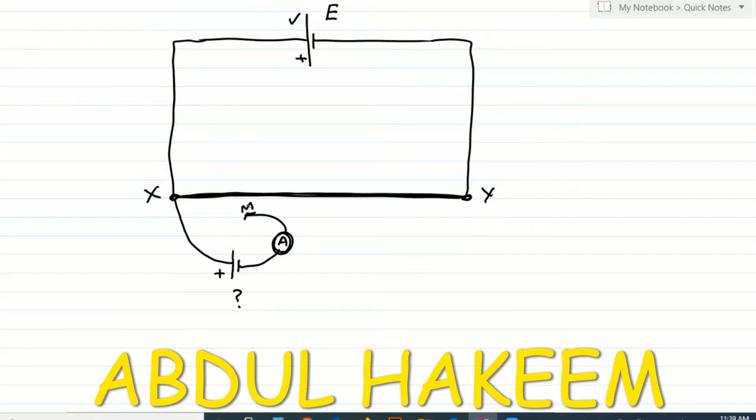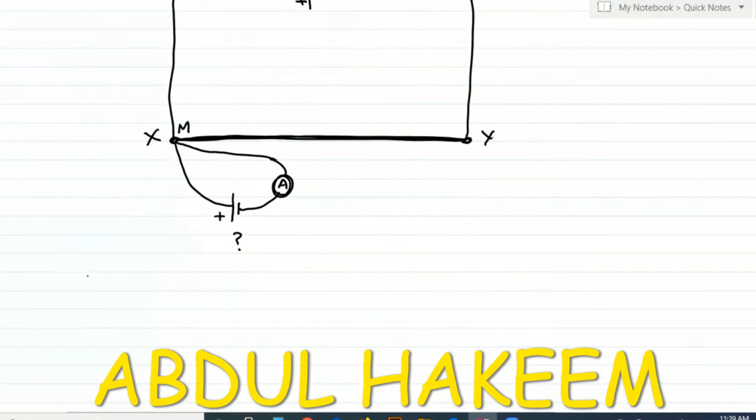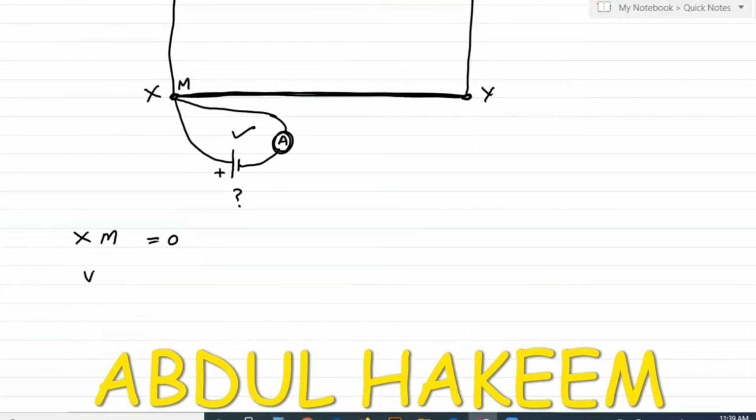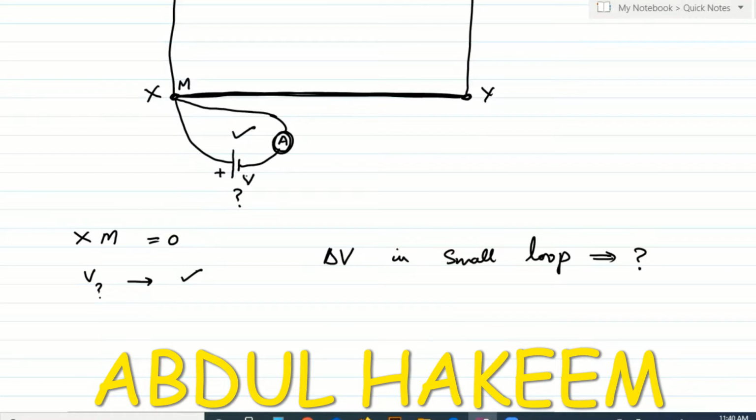Now suppose this movable contact is connected at X, the potential between X and M is 0. In this small loop, the unknown cell has some potential. So there will be a potential difference in the small loop, and that is unknown because the potential of this cell is not known.